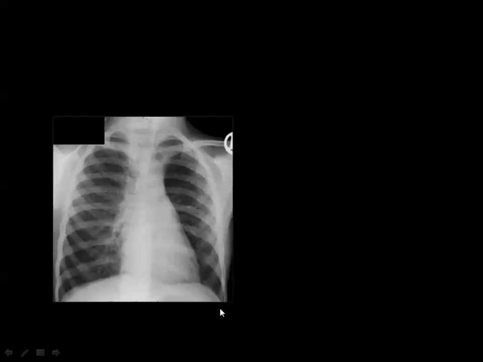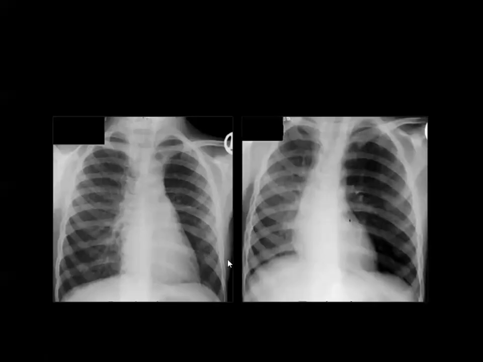And here is the hyperinflated left lung, and if you have the chance to have an inspiratory film and an expiratory film, it is good so that you can be sure that there is air trap.